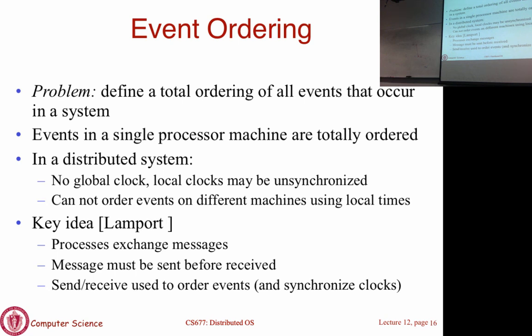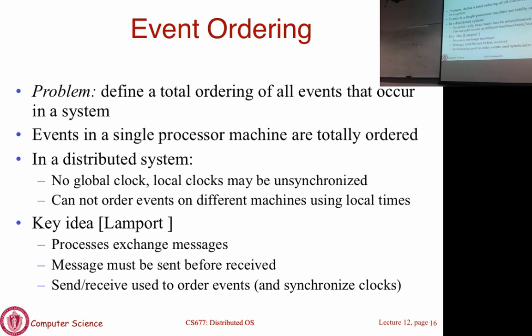Yes. So if two systems don't actually need to send each other messages, will they send a message just to synchronize the clock, or not the clock, but just to order events? So that's a good question. The question is, if two machines don't send any messages, should we send some messages just to order events?